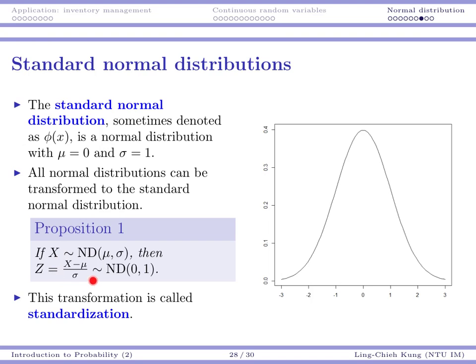Once you do this, you're going to get another value, right? And then that random variable would follow the standard normal distribution, which looks like this. The mean is at 0 with a specific standard deviation. That transformation is called standardization.